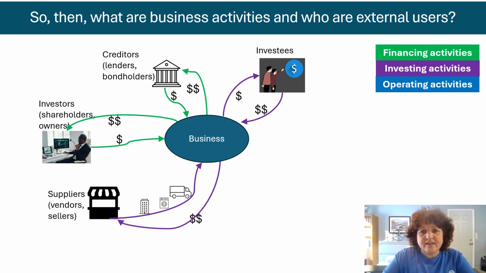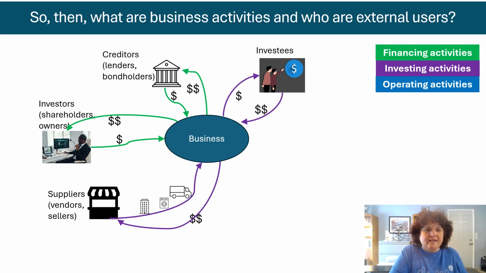Then we also have the investees as external partners, because sometimes a company that has excess cash will actually invest that in another company. They'll buy stock in Coca-Cola, or they'll buy stock in Disney World, or they'll buy stock in Lululemon or something like that.